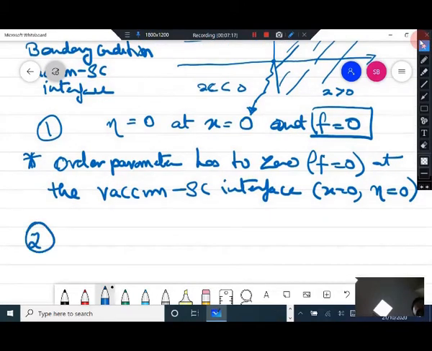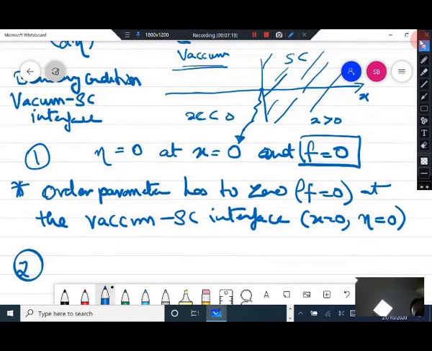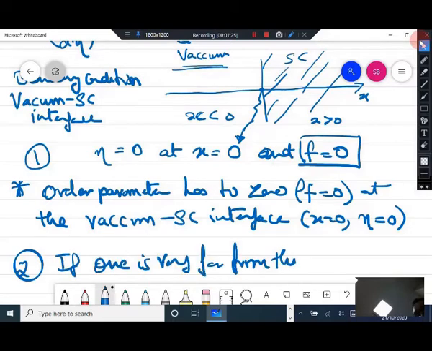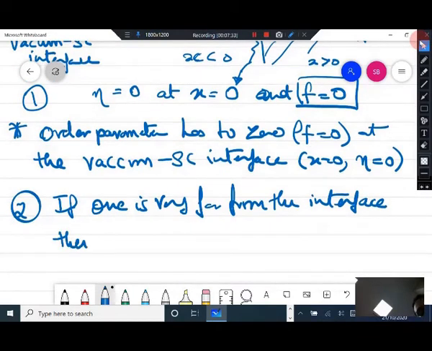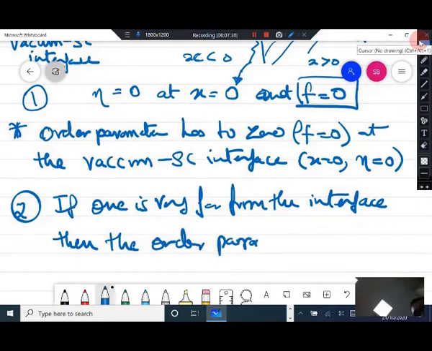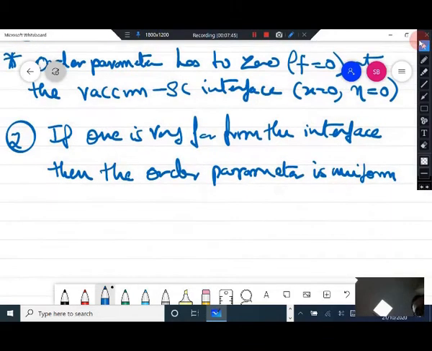Now the second boundary condition is that if one is very far from the interface, then the order parameter is uniform, or has no spatial dependence.